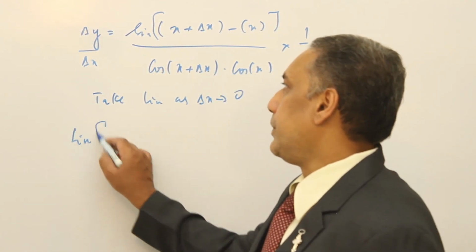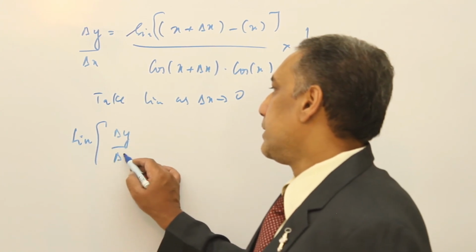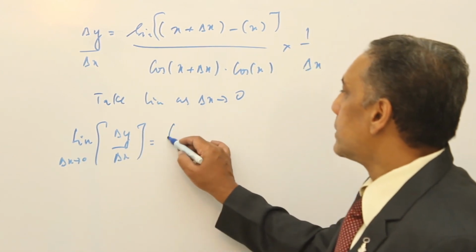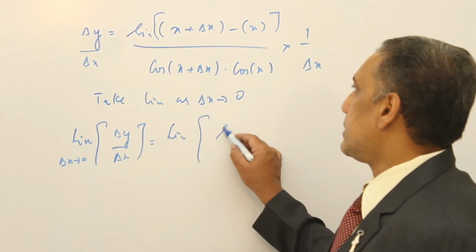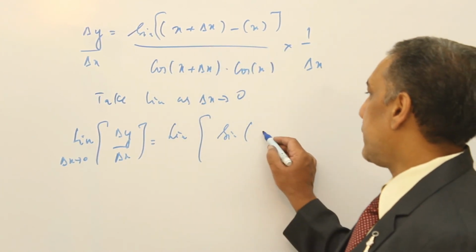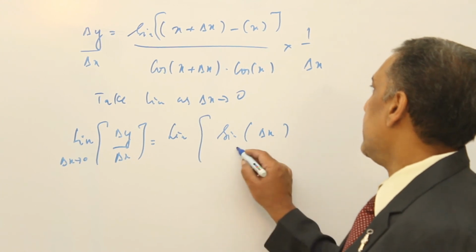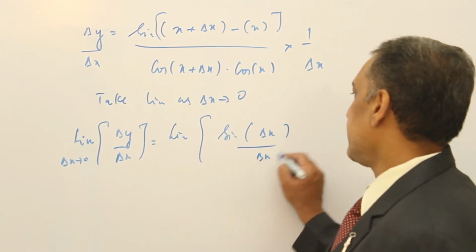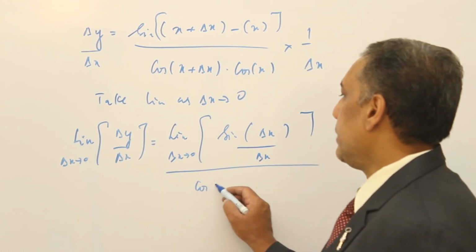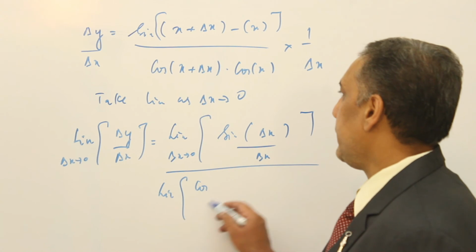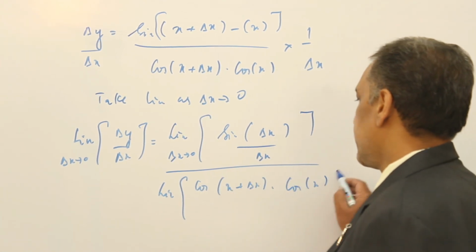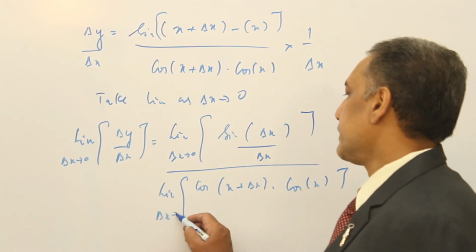So you will be getting limit of delta y by delta x as delta x tends to 0 equals limit of sin of delta x divided by delta x as delta x tends to 0, since x and minus x get cancelled, whole divided by the limit of cos of x plus delta x into cos x as delta x tends to 0.